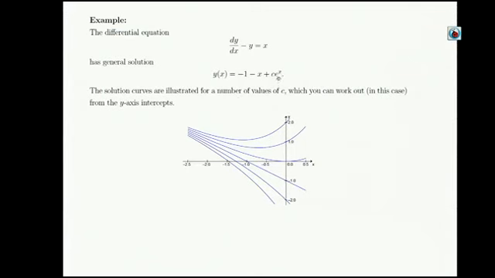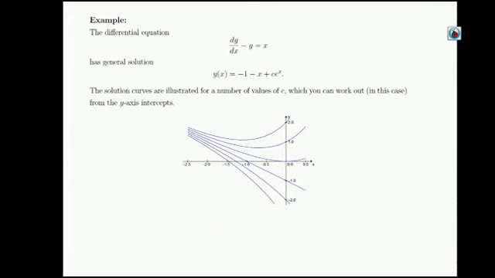If c is equal to 0, I get -1 minus x, and that's this straight line. If c is equal to 1, I get this curvy one here. c is equal to 2, c is equal to 3, c is equal to -1, c is equal to -2. By the way, it doesn't have to be an integer. You get different answers, and you can see different things going on in your problem.